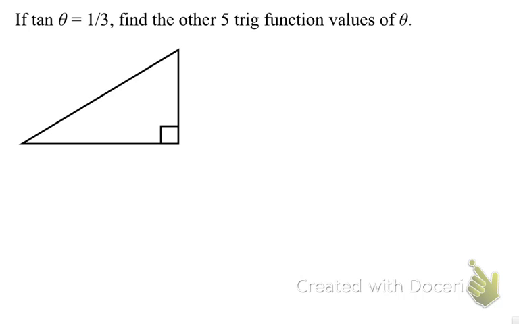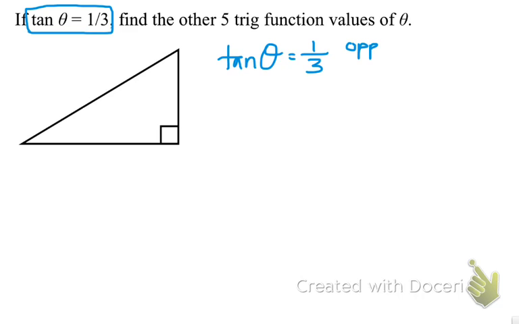And the second example tries to find the 6 trig function values of an angle set in a right triangle when we're given one of the trig function values to begin with. That tangent of theta equaling 1/3 unlocks the key to the side lengths of this right triangle, because we know that the tangent is the opposite over adjacent.